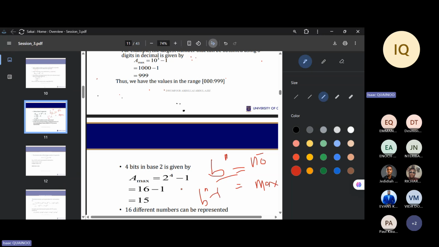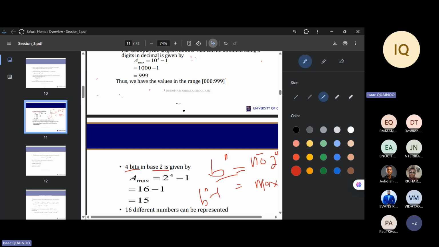To solve this, the largest possible number will be our base, which is 2, raised to the power the number of bits, which is 4.